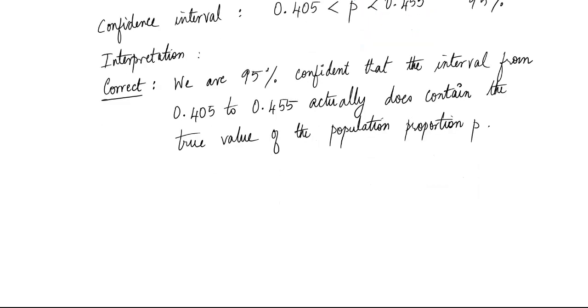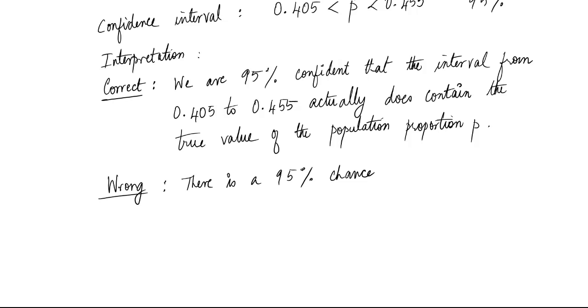Now we can also interpret it wrongly, like this. So making it very, very clear here: wrong. There is a 95% chance, because of the probability we immediately say chance. No, this is confidence, not chance.